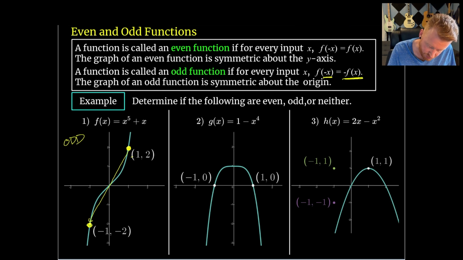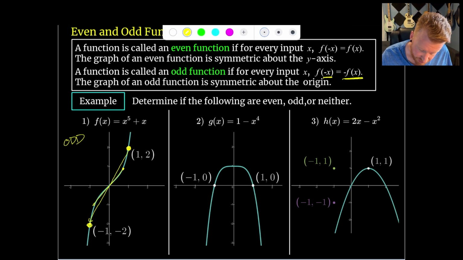So we've made the input negative and we've made the output negative, and we find a spot that's still on the graph at that point. So here we are symmetric about the origin, and just like I drew that line through there, I can find a corresponding point for every value that goes straight through the origin like that.